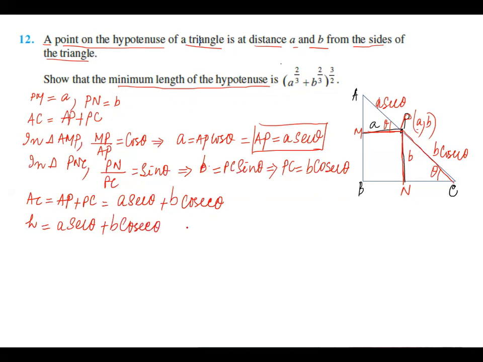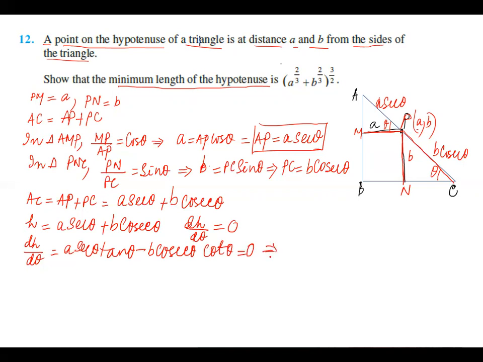I'll make dH by d theta as 0. So differentiate: a sec theta, derivative is sec theta tan theta, cosec theta derivative is minus cosec theta cot theta. This is equal to 0.